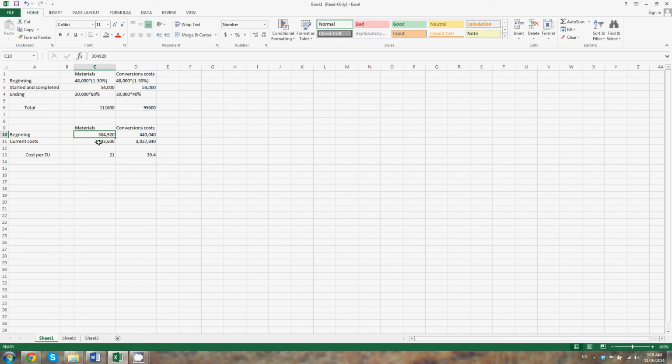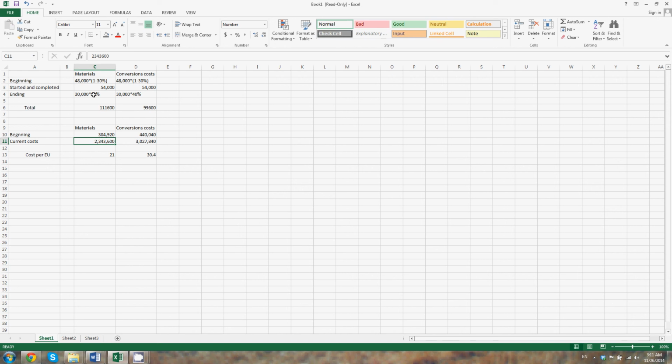Remember, for the weighted average method, we sum up these two numbers and then divide the total by the equivalent units. But this one we don't. We only worry about the current cost, because we only use the conversion cost to finish up the 70% and to finish the ending.